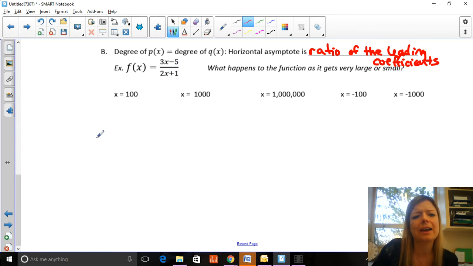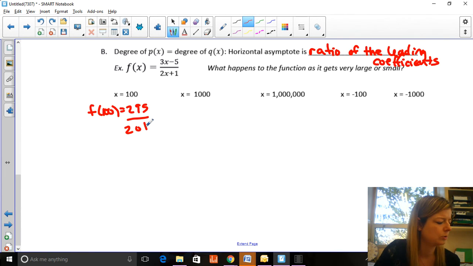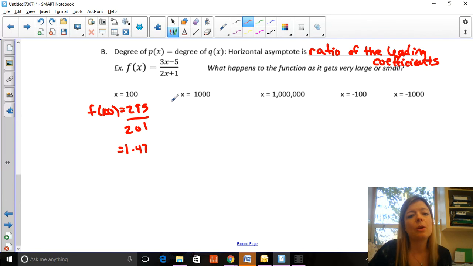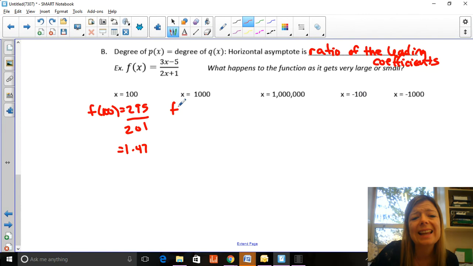So that doesn't really matter much when I put in 100, right? So I get 295 over 201. Okay, so that's about 1.47.